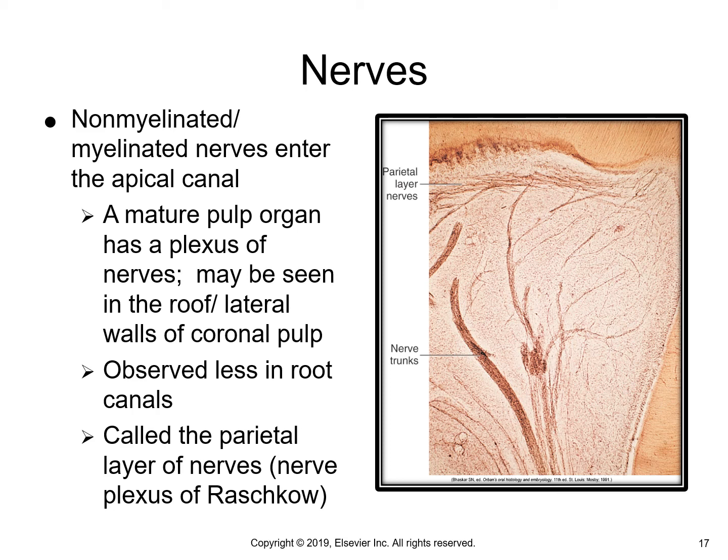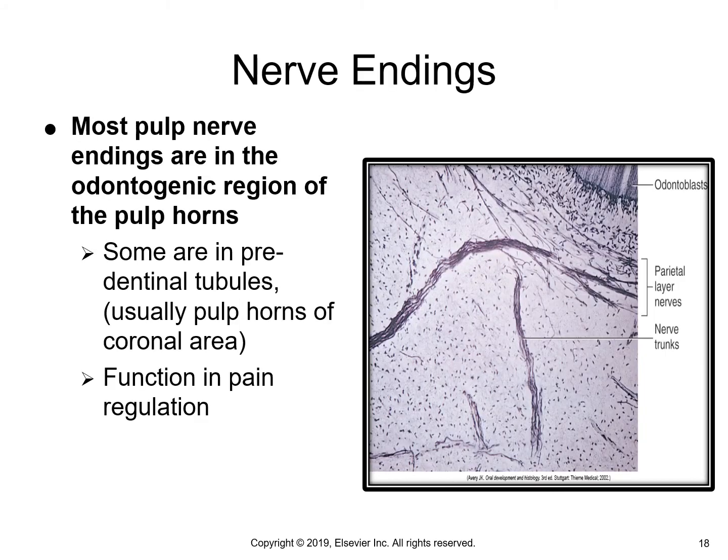We see less in the root canals, and these areas are called the parietal layer of nerves, or the nerve plexus of Raschkow. Most pulp nerve endings are in that odontogenic region of the pulp horns, where those odontoblasts are. Some are in predentinal tubules, usually in the pulp horns, and then some function in pain regulation.